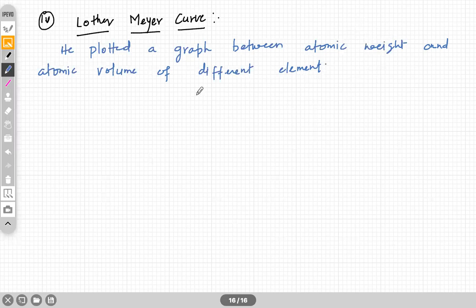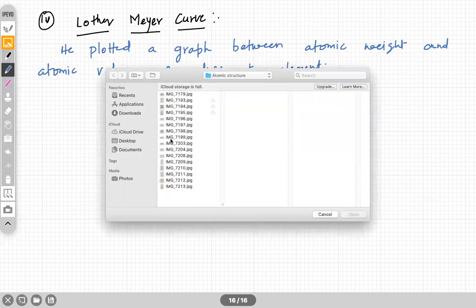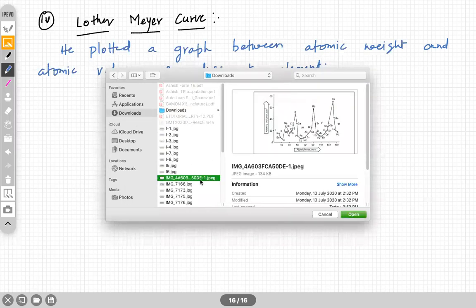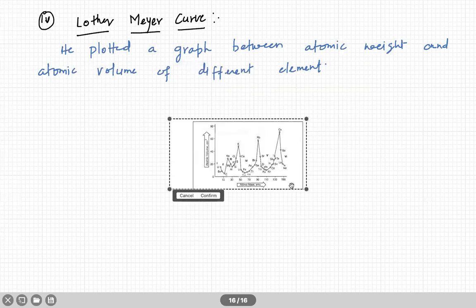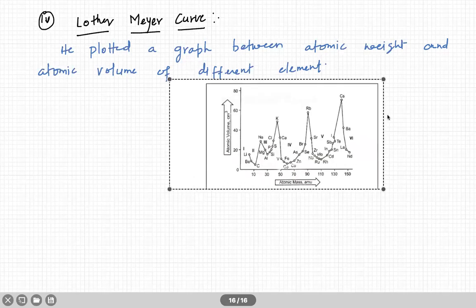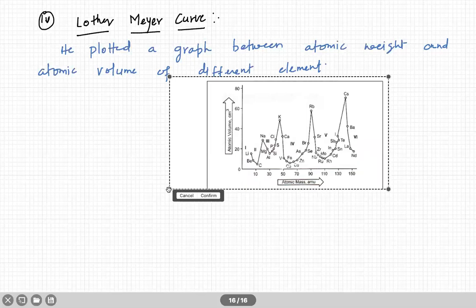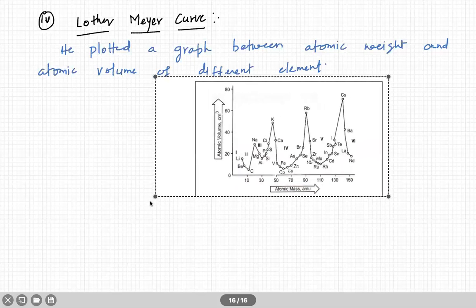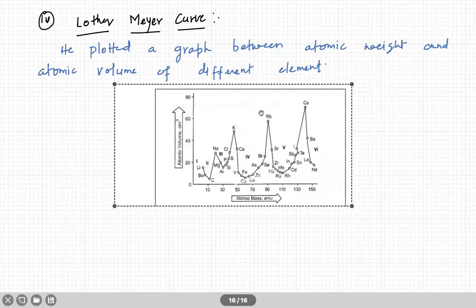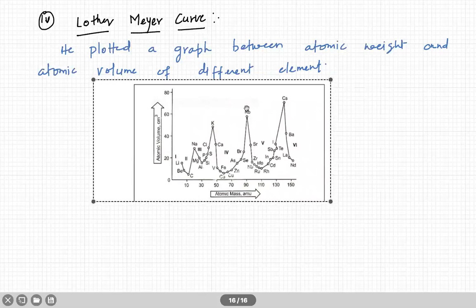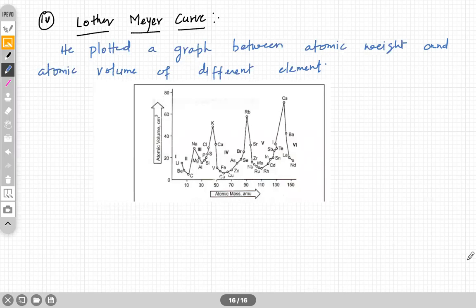And he observed a particular pattern, and that pattern is, you see this graph here. The graph is this. Okay, this we call the Lothar-Meyer curve. This is the curve we get.